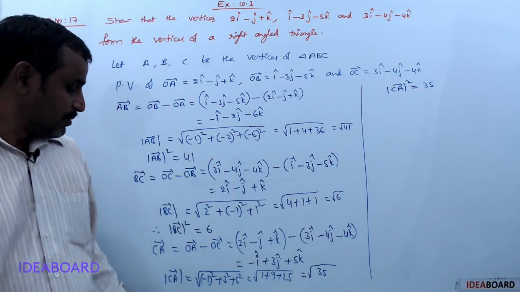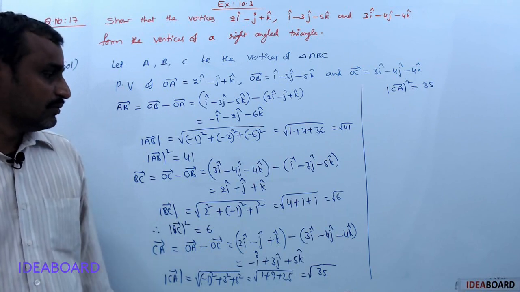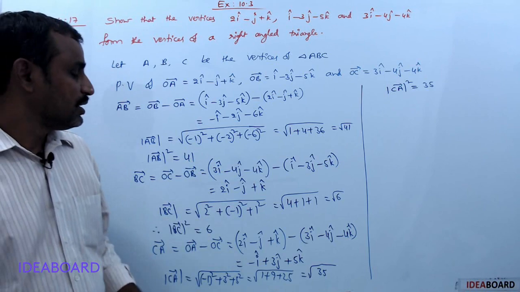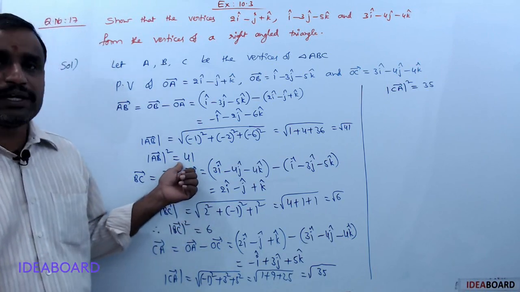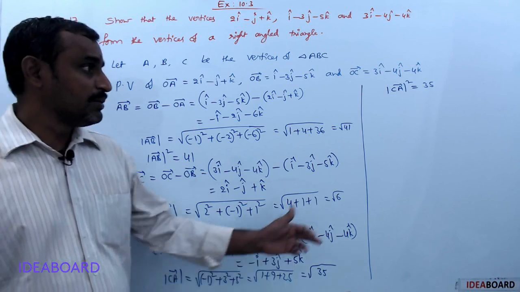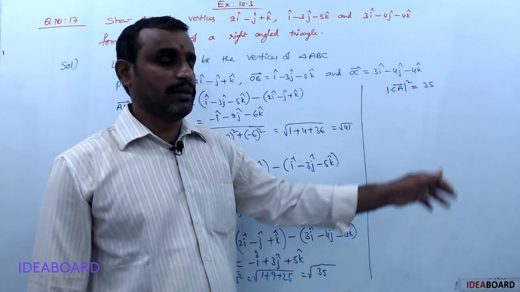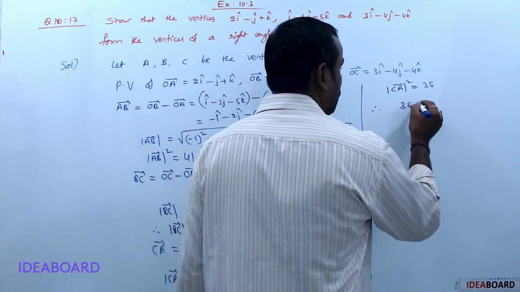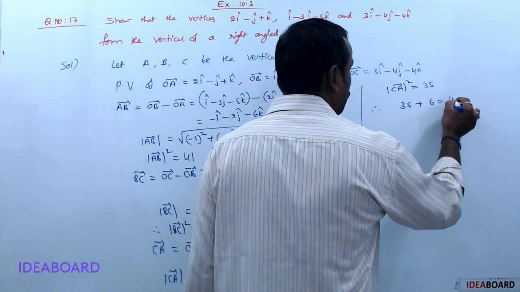So now from this solution, you can see magnitude of AB bar whole square value is 41, magnitude of BC bar whole square is 6, magnitude of CA bar whole square is 35. Therefore 35 plus 6 is equal to 41.